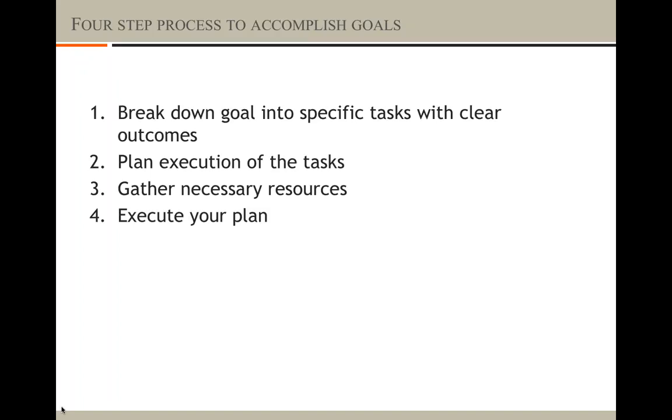Now we'll talk about this four step process in detail. I'll try to brief you about each of these steps. So in step 1, you must determine which tasks are necessary to accomplish your goals. Some of the tasks may have to be completed sequentially, like task A must be completed before you begin task B. A lot of times it happens that you can't begin with task B unless task A is finished.